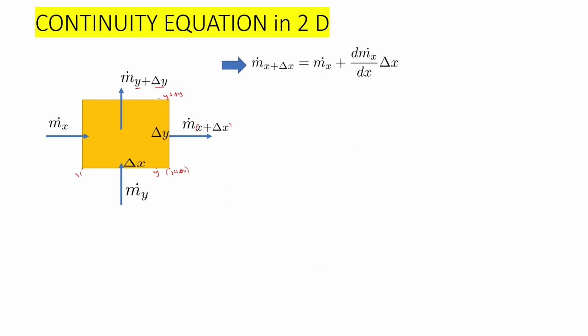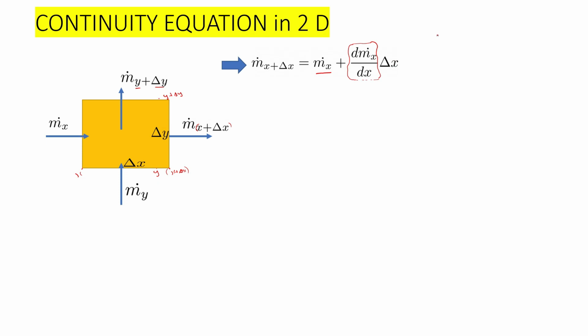Now what is m dot x plus delta x? This is equal to m dot x plus dm dot x by dx into delta x. This is the rate of change of mass with respect to x. So that rate of change of mass into delta x will give you the change in mass flow rate across delta x. So m dot x plus delta x will be equal to m dot x plus dm dot x by dx into delta x.